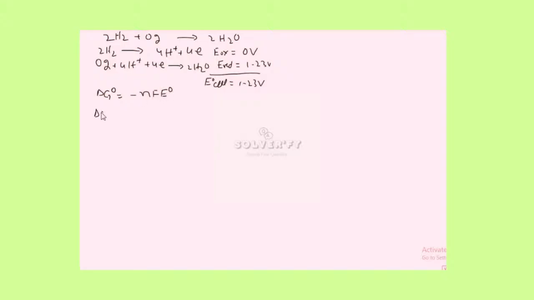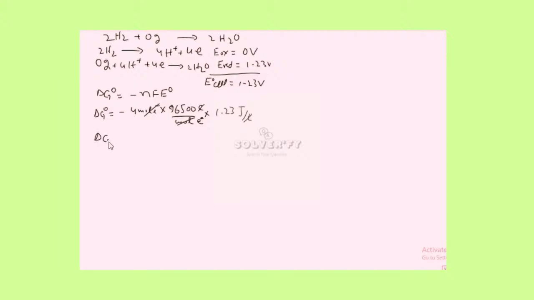Putting the values, delta G naught is equal to minus, where n is equal to 4 moles of electrons, F is Faraday constant 96,500 coulomb per mole of electron, and E naught is equal to 1.23. Instead of volt we can write joule per coulomb, because 1 volt is equal to 1 joule per coulomb.